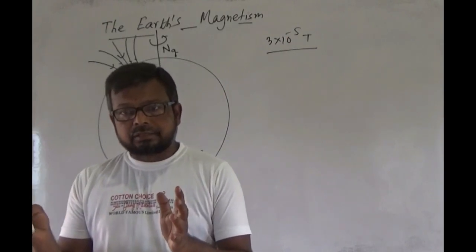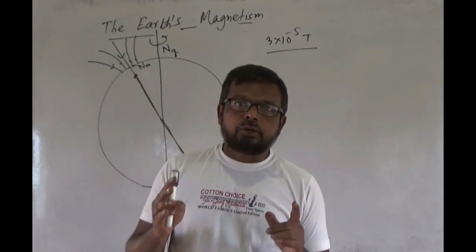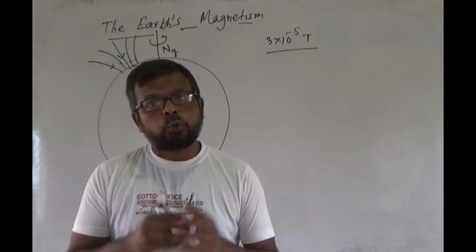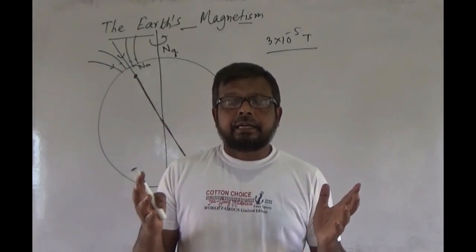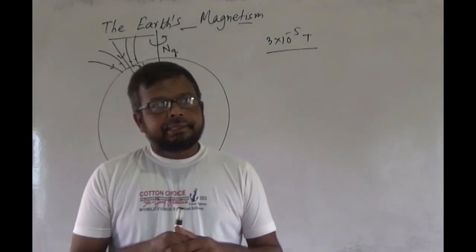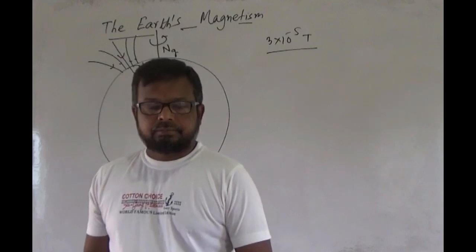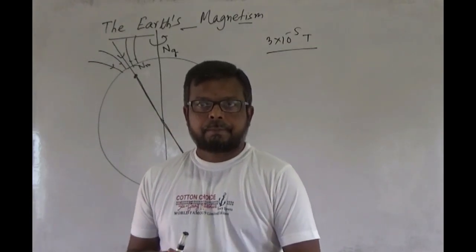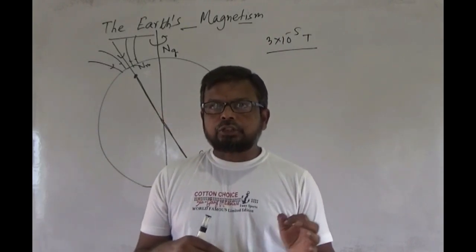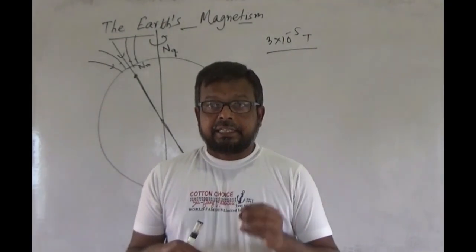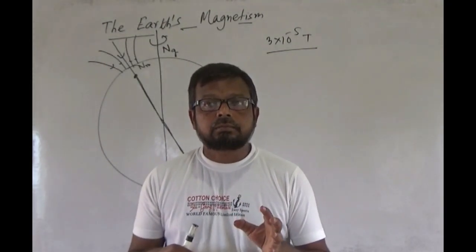When Earth rotates, they set up circulating electric current, which may be the reason of Earth's magnetism. There are many theories. We have already told 3 or 4 or 5 theories. It is now considered that the cause of Earth's magnetism is due to the circulating electric current inside the Earth.